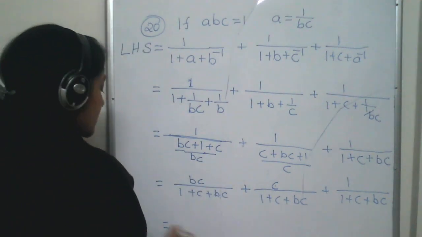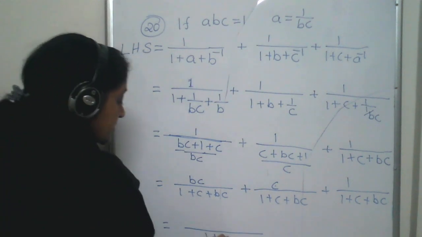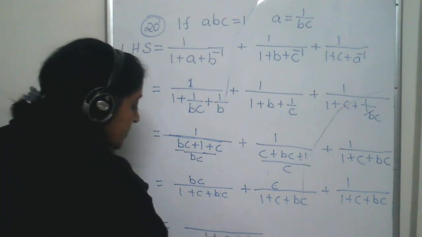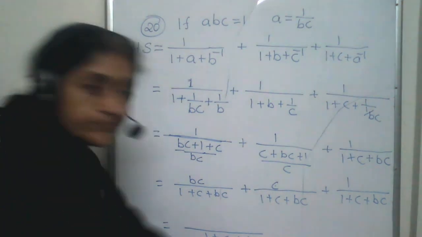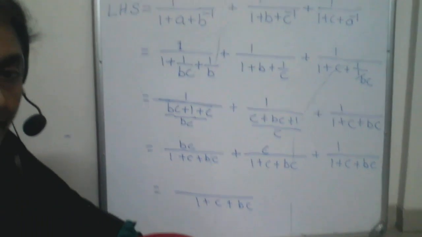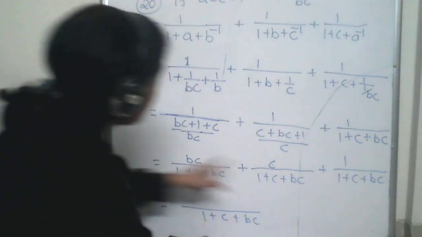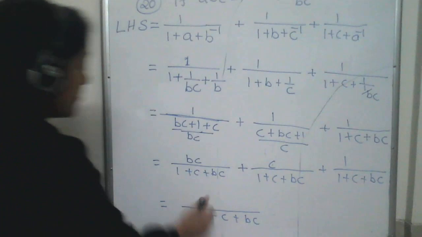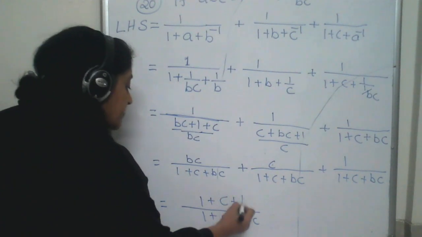This is the same denominator that we have. So I can write 1 plus c plus bc here in the denominator. Now if all the denominators are the same, we can just add the numerators. What is it? 1 plus c plus bc.